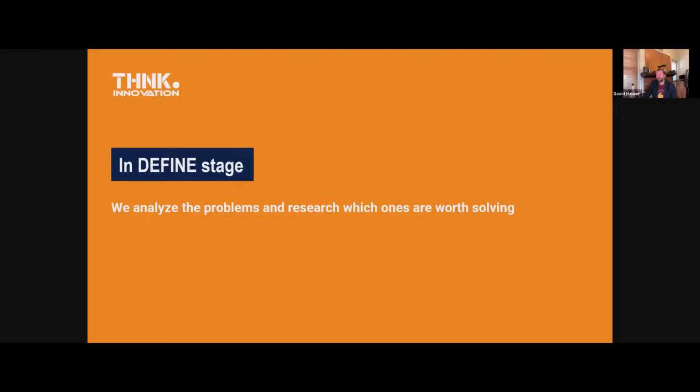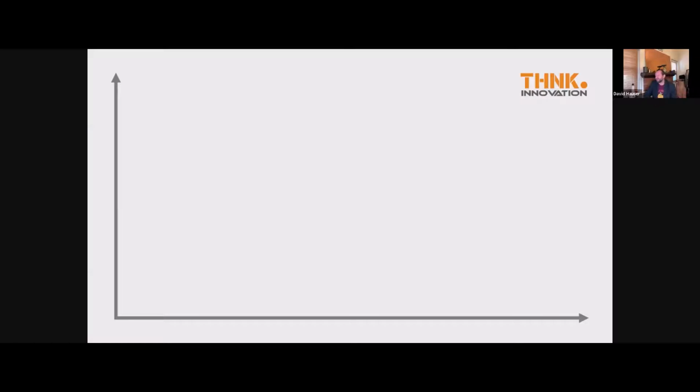And we do that by understanding how many people have a specific problem and how much they are happy to pay to get that problem solved.